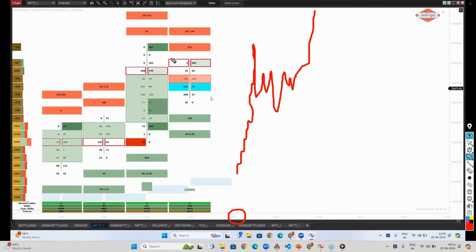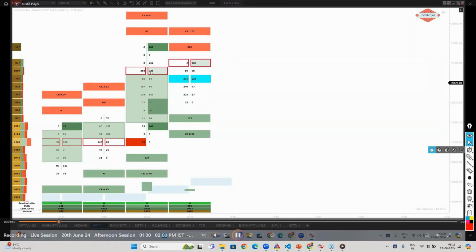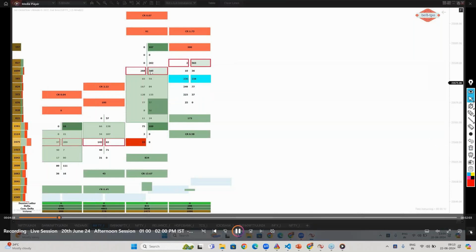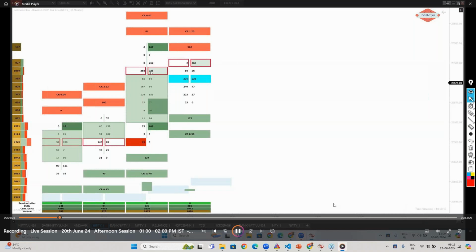But I was looking into the order flow, and there were not many clues around that time. Let's see how the price action is going on. I'm going to run this at 2x speed, meaning two times the speed.